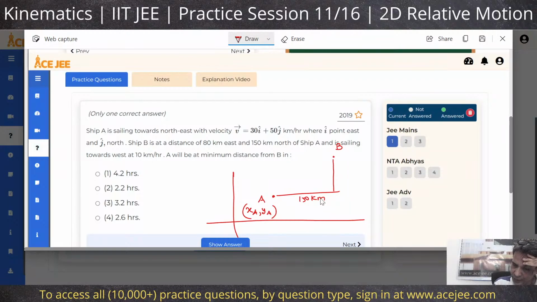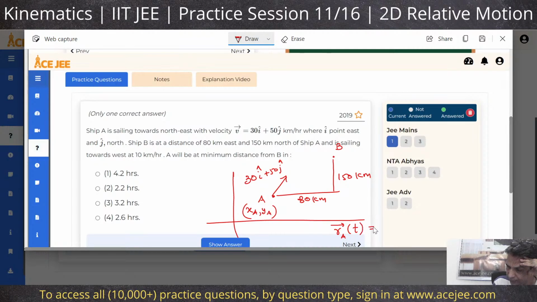So 80 kilometer east, sorry, not the 150 kilometers. So we have 80 kilometer east and we have 150 kilometers north of ship A. So it is traveling in certain direction given by 30i plus 50j. So what will be the position vector of A at time t?